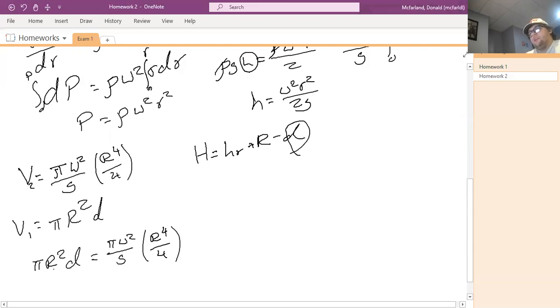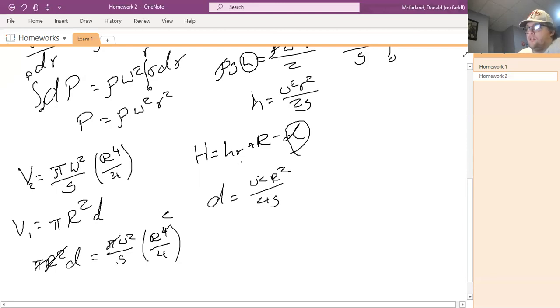So what's going to happen now is we're going to get d by itself. So the R squared will go away on this side, and the pi's will cancel out. So we are left with d is equal to omega squared R squared over 4 times gravity.